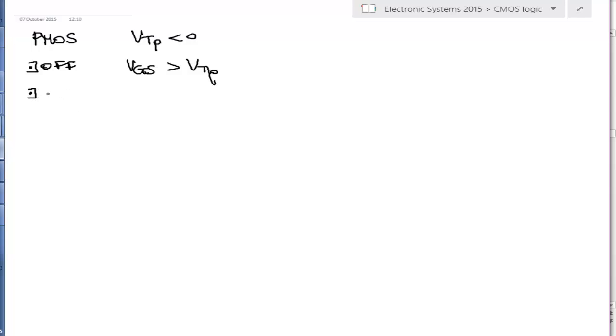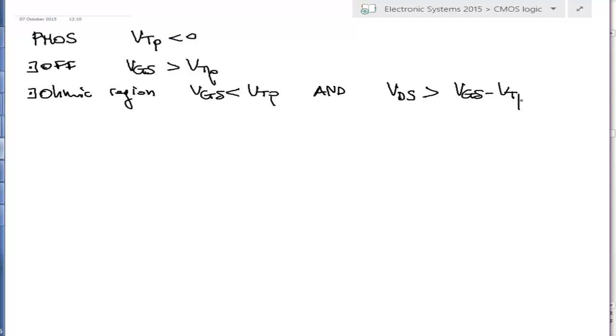Then we have an ohmic region if VGS is smaller than VTP, of course, but also VDS, which is negative by definition in a PMOSFET, is larger than VGS minus VTP.